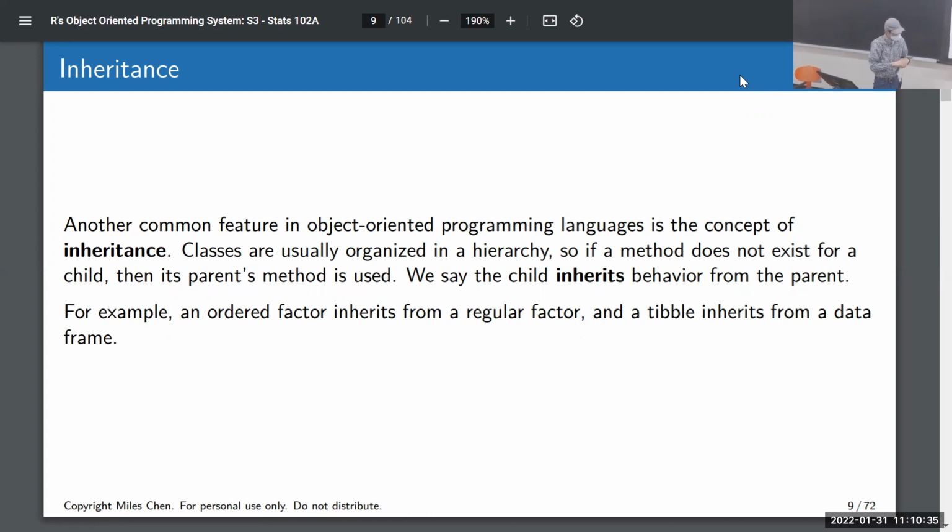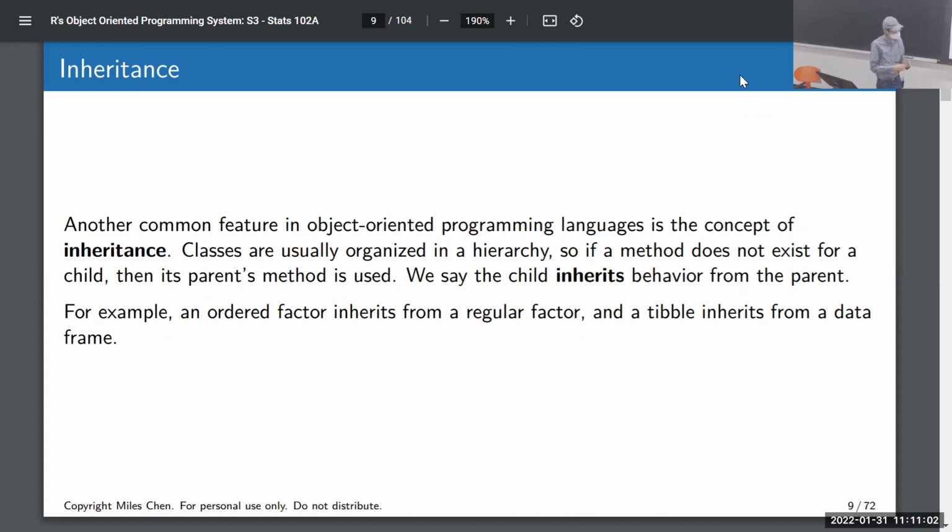So for example, we have an ordered factor. An ordered factor is pretty much like a factor, except the levels have a specific order applied to them, right? It's kind of like a t-shirt size, small, medium, large, extra large. And we should preserve that order rather than putting things in alphabetical order or something like that. But other than that, an ordered factor behaves just like a factor.